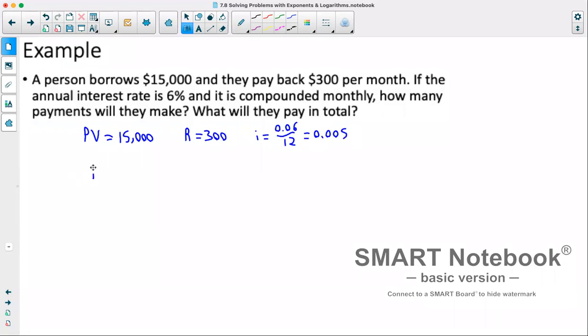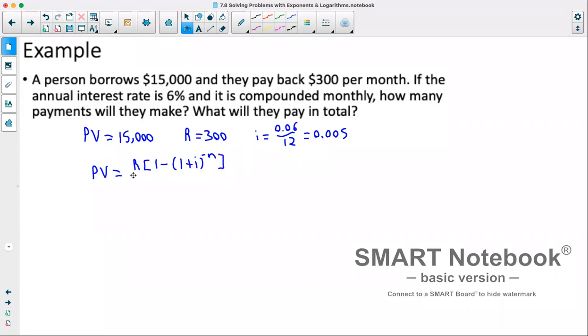Now we'll start by writing out our formula. So we've got present value is equal to our payments times 1 plus our interest rate per compounding period. Oops, sorry. I started writing out the one for a future value. So our present value is R times 1 minus 1 plus our interest rate per compounding period to a power of negative the number of times it compounds, or how many payments we make.